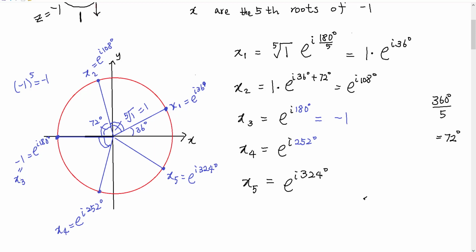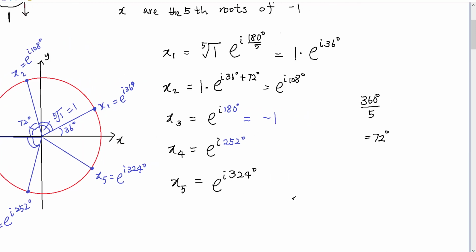Now, of course, you're going to convert all this to rectangular form by putting it in the calculator. So this first one right here is cosine 36 plus i sine 36 degrees, and putting it in the calculator gives me a rough value.